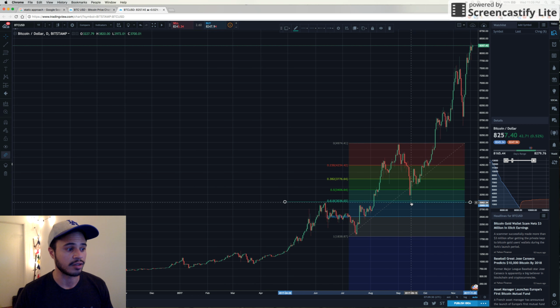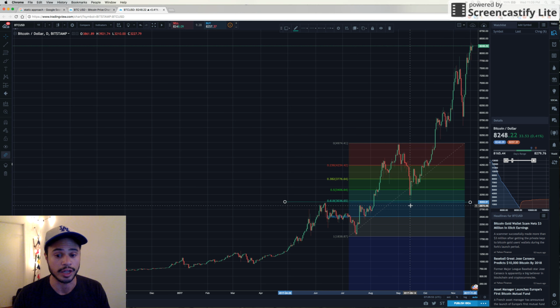If it does try to retest it, a possible strategy you can use is to buy here depending on how the candle closes. I don't recommend buying in the middle of the candle, whatever time frame you're looking at, because candles can change in even 5 minutes to 1 minute. So I recommend waiting for the candle to close on whatever time frame you're looking at to get a better picture of where the market might be going.